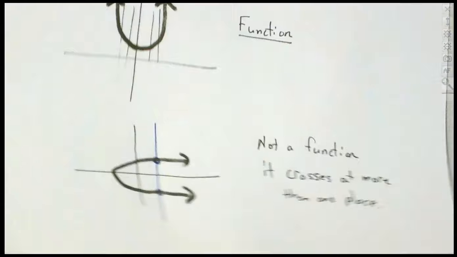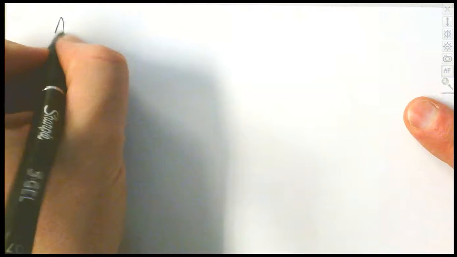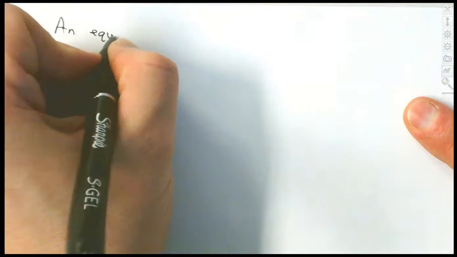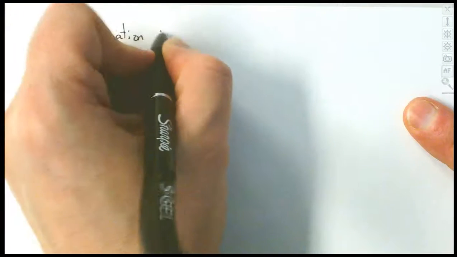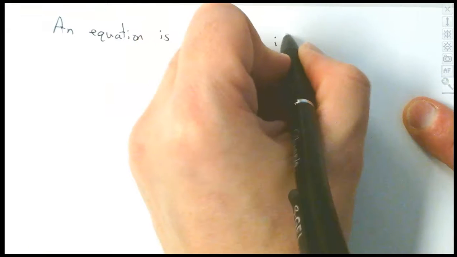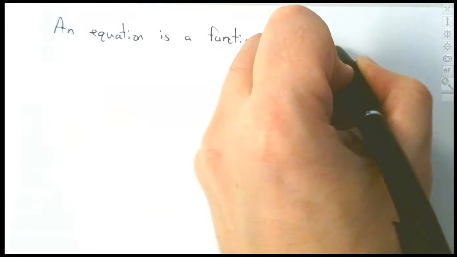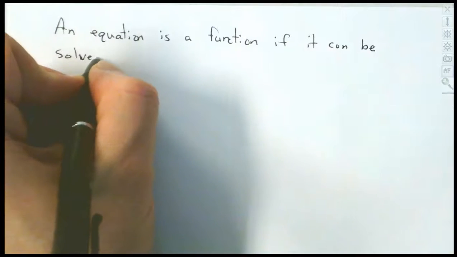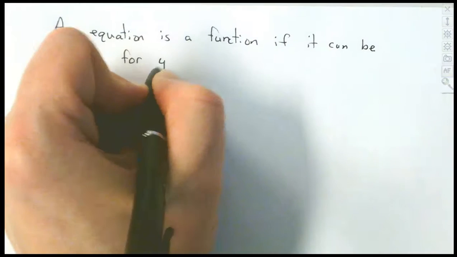What we're going to look at for the last part here is an equation, and we're going to be able to determine if an equation is a function or not. So an equation is a function if it can be solved for y.